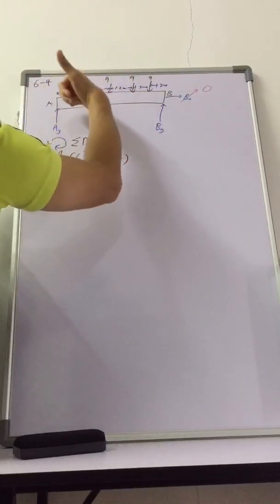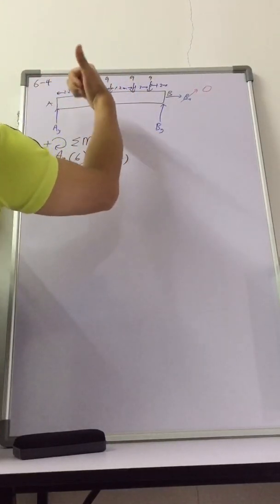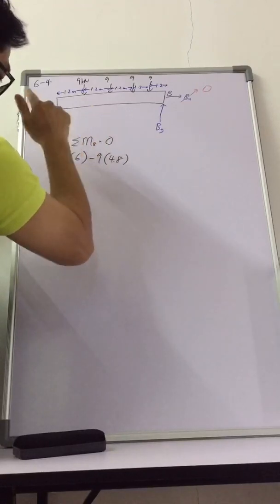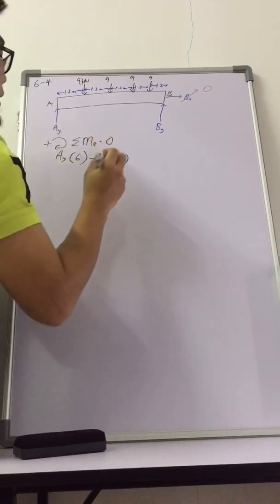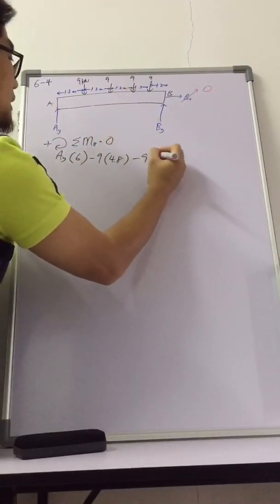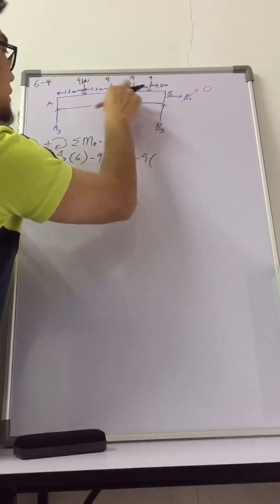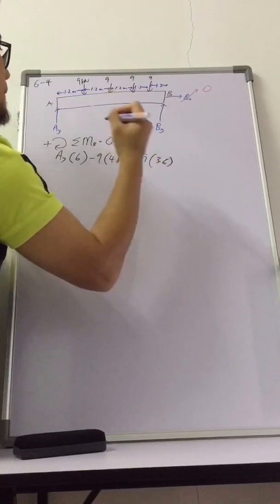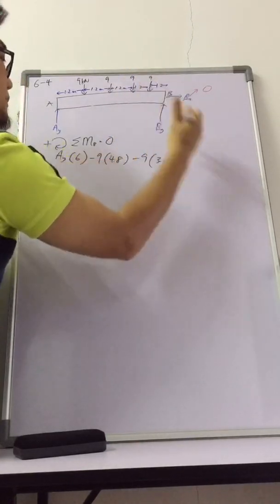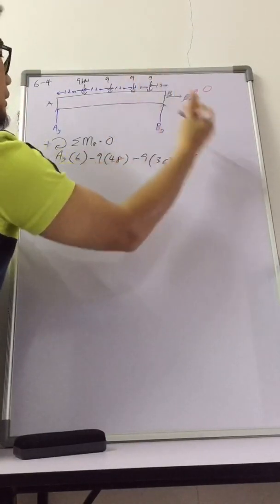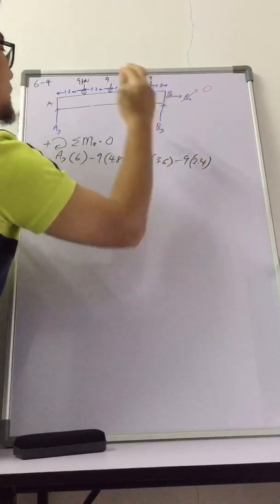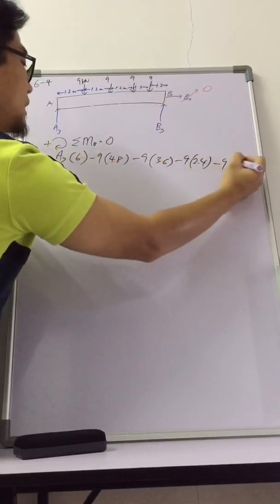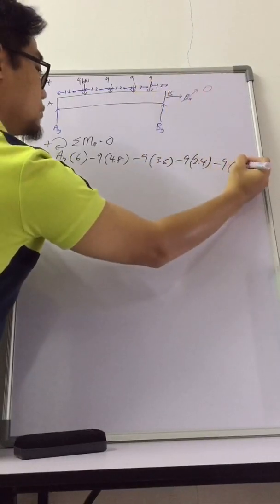You curl that one, so this one causes counterclockwise rotation. And then what else? You have minus 9 times 3.6, and then minus 9 times 2.4, and then the last one, minus 9 times 1.2.